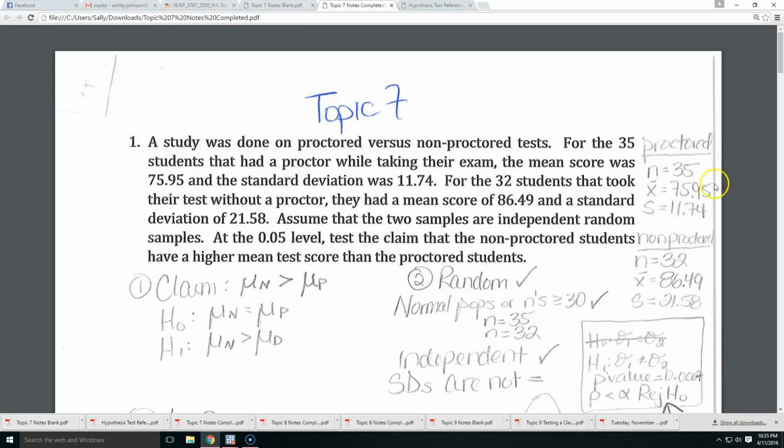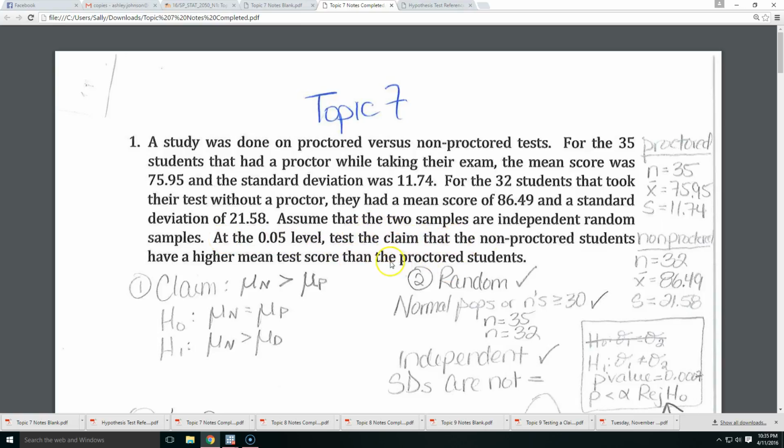So I put this on the side because I wanted to write my H0 and my H1 exactly how they were stated in the problem. So this is my recommendation, that you put them in the order of the claim, because a lot of times when you come back and reread the problem, you'll emphasize the statement that has your claim in it. So this is the statement that you're more likely to come back to.